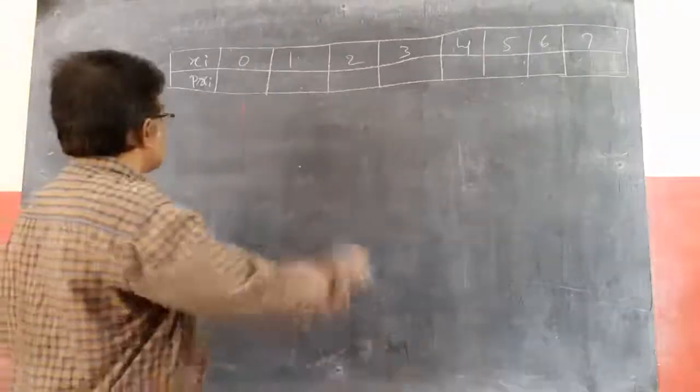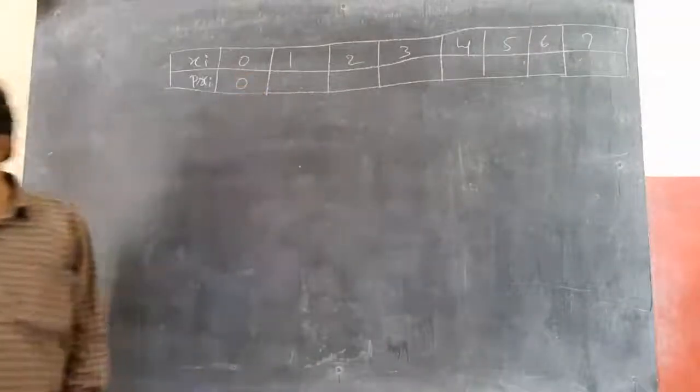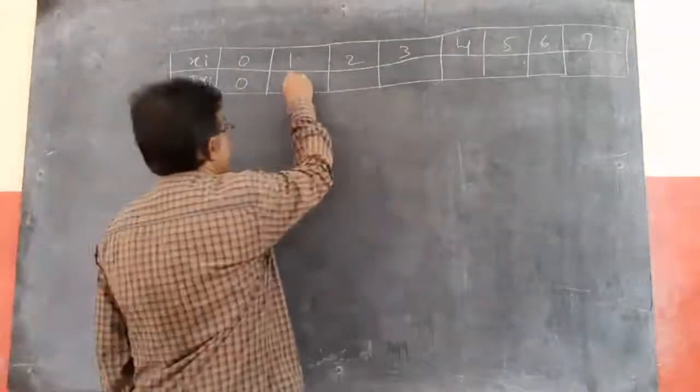p of x equal to 0 is 0. p of x equal to 1 is k.